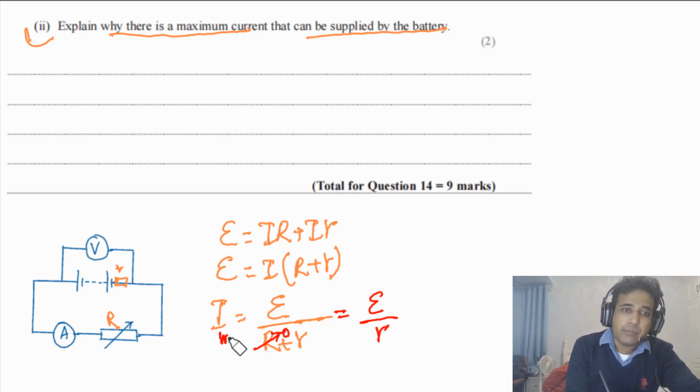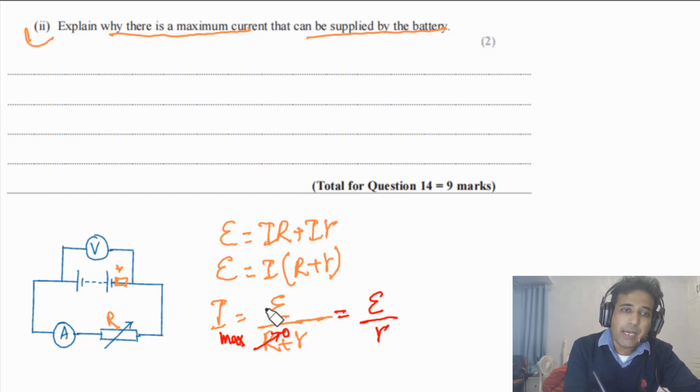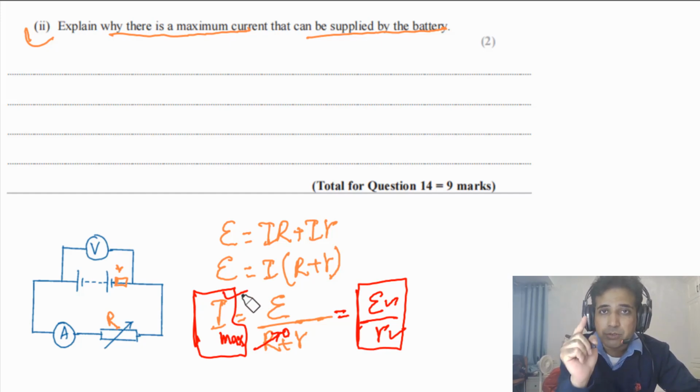So this is the maximum value of current that can pass through this battery, when EMF is equal to the potential difference lost in the battery, meaning the potential lost in the battery due to internal resistance. So I max is equal to EMF divided by r. Because this value is constant, this also will be a maximum constant value.